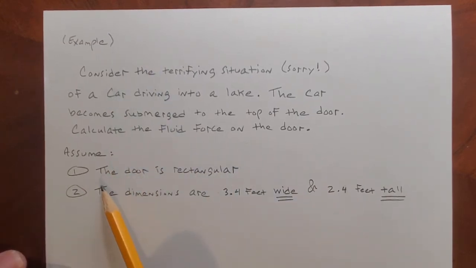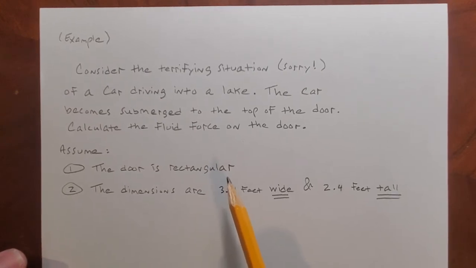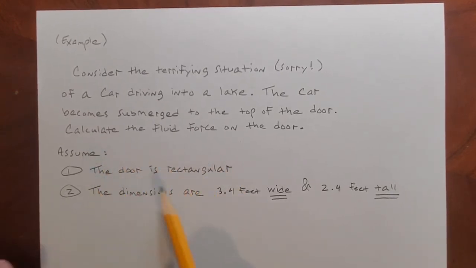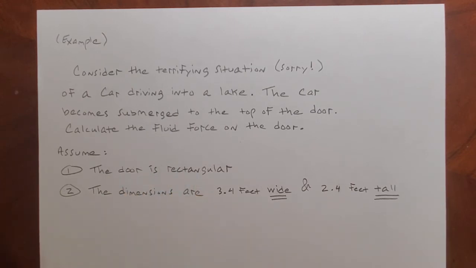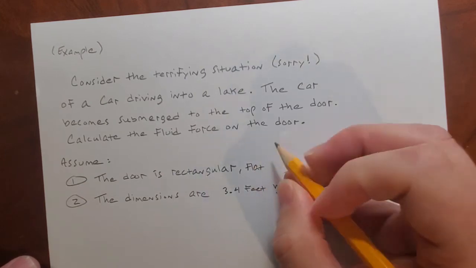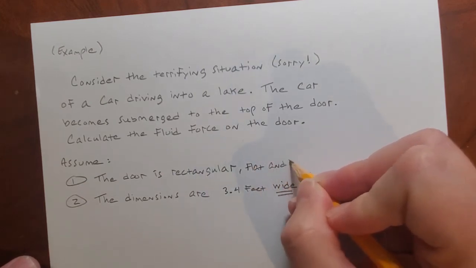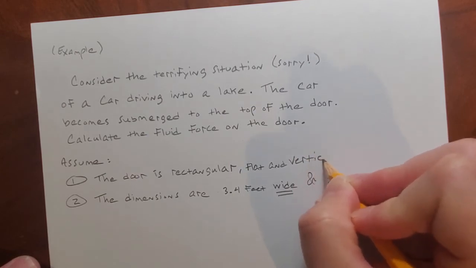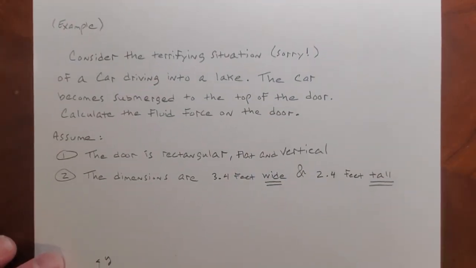Okay, now we'll have to make some assumptions that might not be totally accurate if this were to actually happen. One, that the door is rectangular. You know, that's not true, but it's close enough for what I want to do in this problem. And we'll assume that it's flat and vertical, because those were the assumptions that I said we needed at this point.